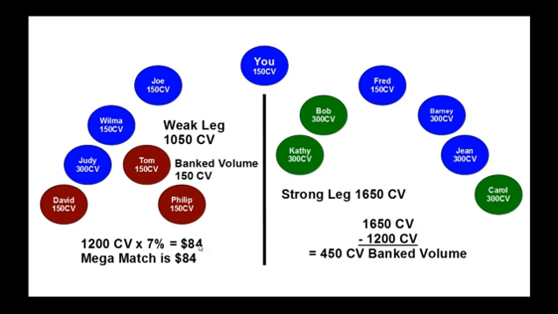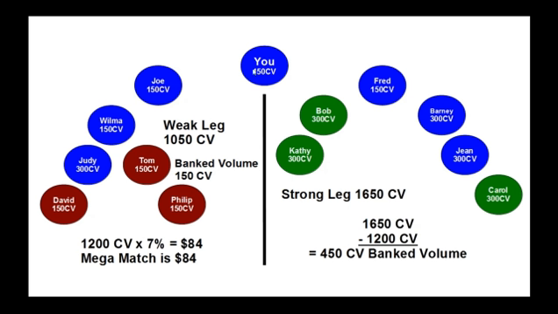And as you continue this process of helping you and your team properly use sponsoring and placement guidelines that help strengthen everyone in your organization, especially in the beginning, to help each side maximize its growth and potentially flip back and forth between weak and strong legs, you can then harness bank volume to everyone's benefit.